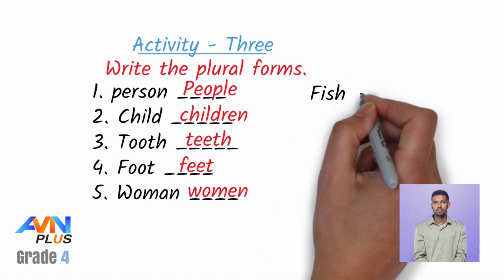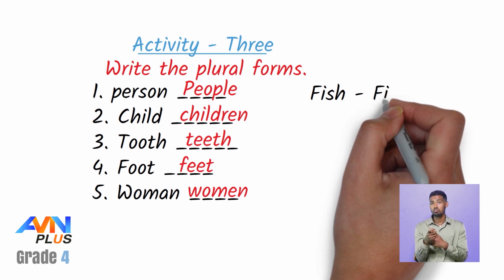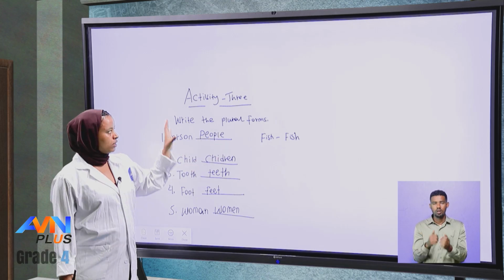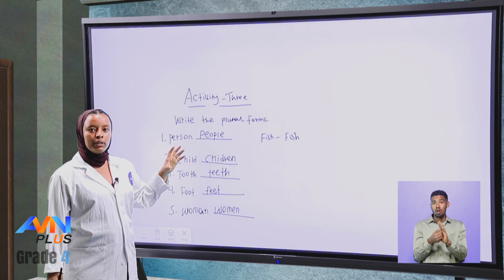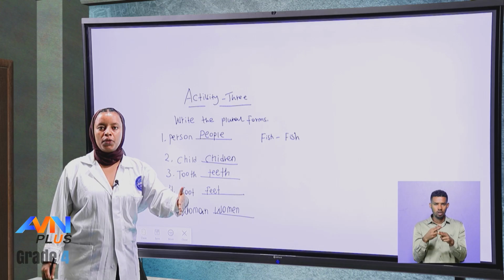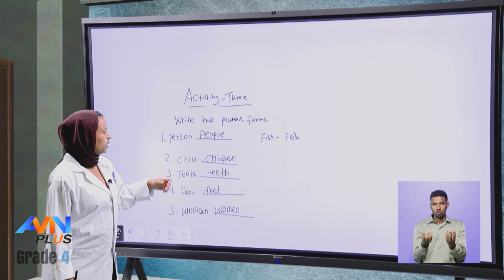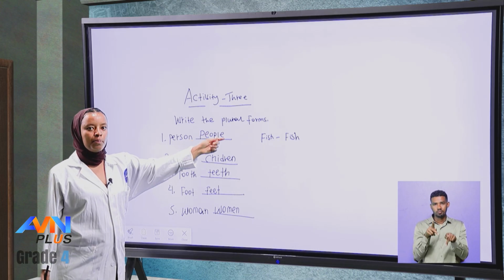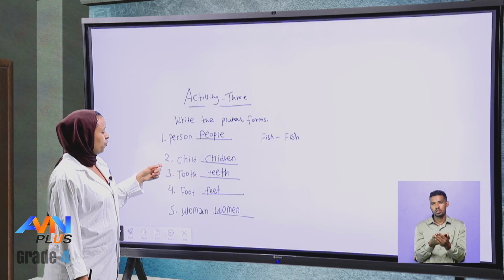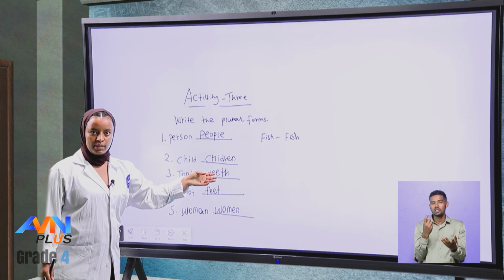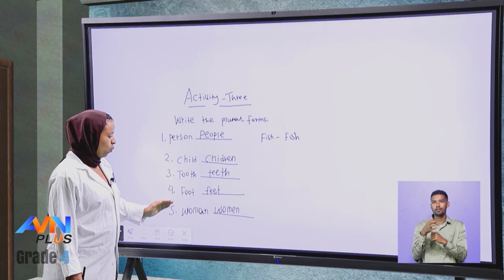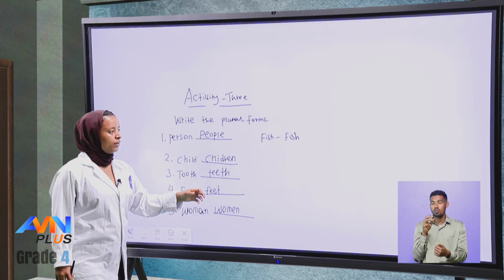It becomes what? The same as fish. Fish, fish. These are all our examples of irregular forms of nouns when we change from singular to plural. Here is person, people. Child, children. Tooth, teeth. Foot, feet. Woman, women.